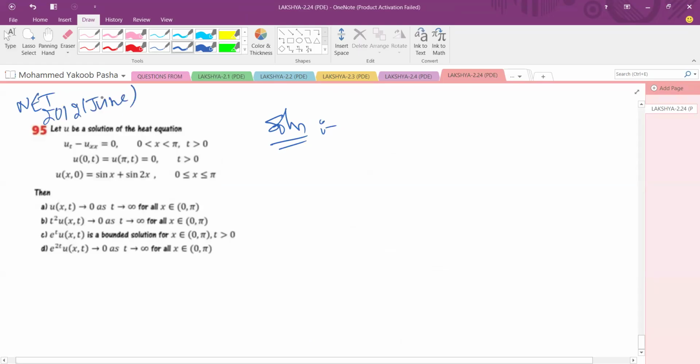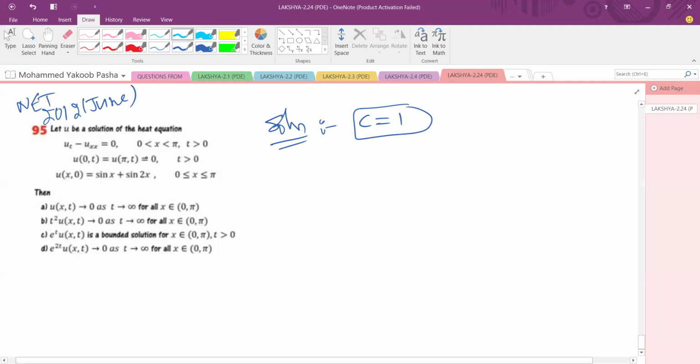And the problem is: let u be a solution of the heat equation u t minus u xx is equal to 0, which means c is equal to 1, with 0 less than x less than pi, t greater than 0, and u of 0 comma t is equal to u of pi comma t is equal to 0, t greater than 0.